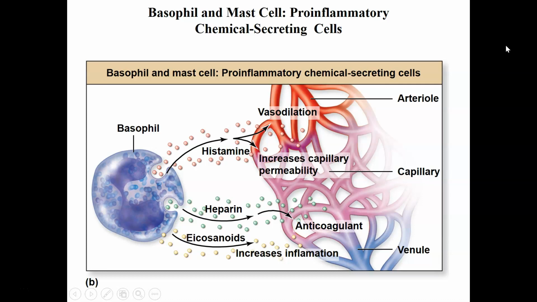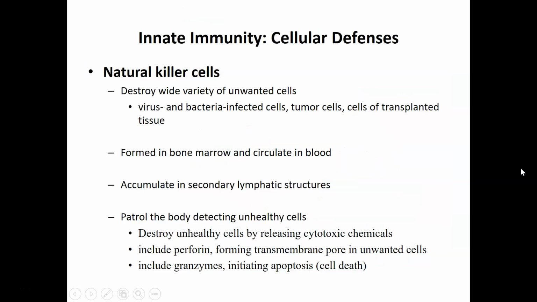So that's the basic idea of the inflammatory response. And these cells, the mast cells and the basophils, are the cells that contain the molecules that trigger that response. Pro-inflammatory chemicals.